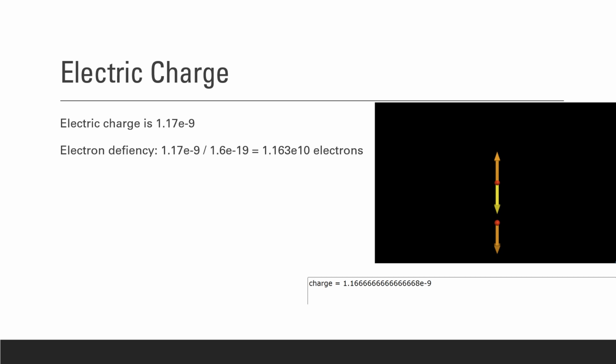So using my GlowScript code, I found that the electric charge in this situation is 1.17 e to the negative 9. And then from this number, we can find the electron efficiency by dividing the electric charge by the charge of a proton, and from that we get 1.163 e to the 10 electrons.